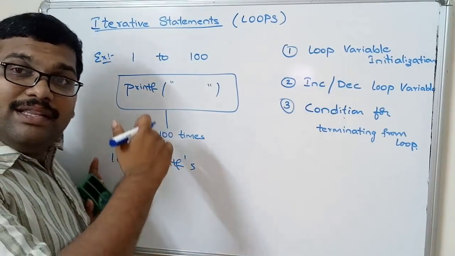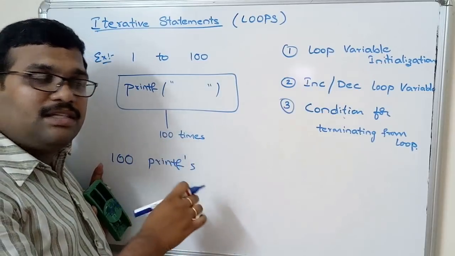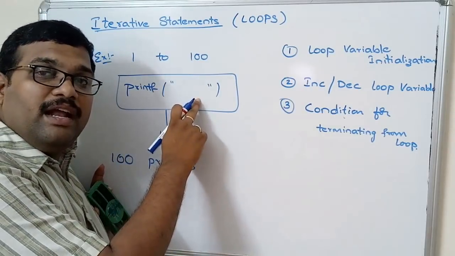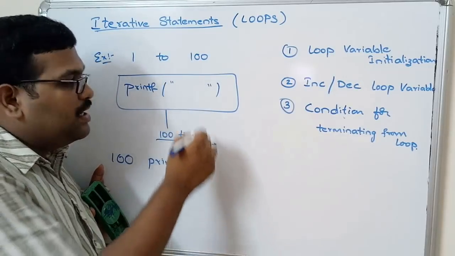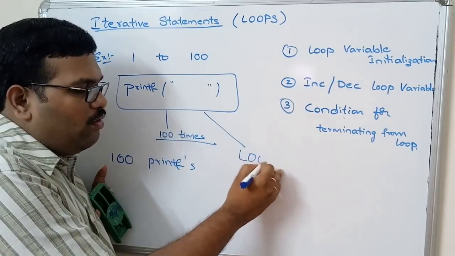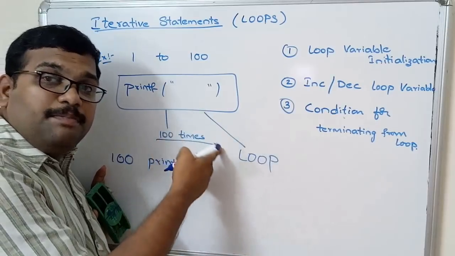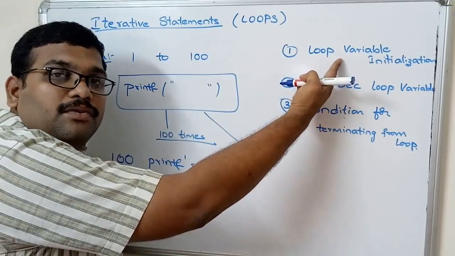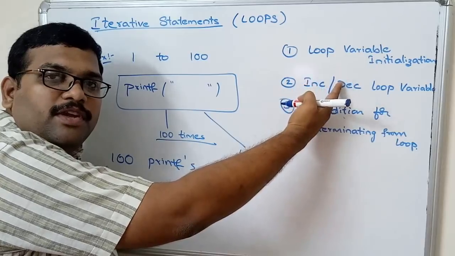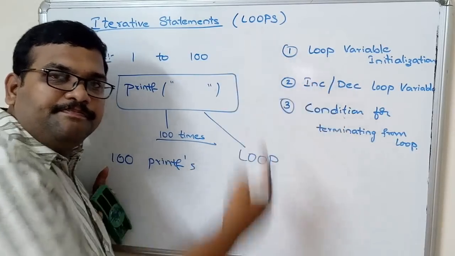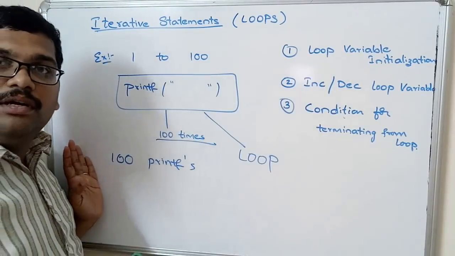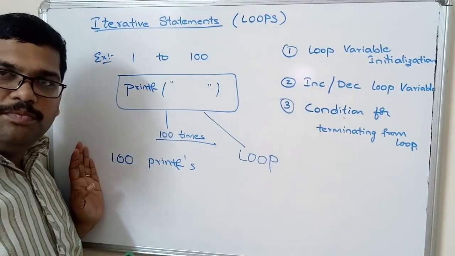In order to avoid this number of lines, we just write one printf statement and execute the same printf statement 100 times. This is called a loop. For this purpose, we need to use a loop variable, update the loop variable, and write the condition where the loop must be terminated. Hope you understood the exact usage of loops.